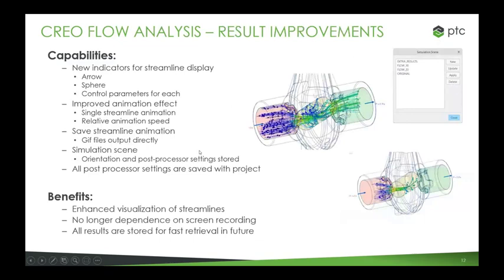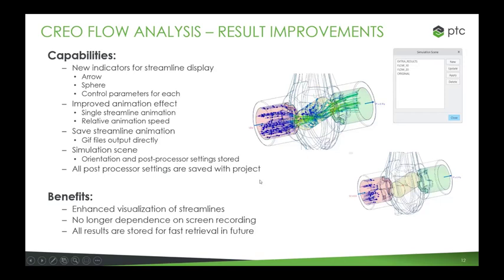And lastly, in Creo Flow Analysis, we have a few more options when it comes to the streamlines. So we have a single streamline. We have a relative animation speed. We have arrows or spheres inside there. You can see this one's got arrows. I'll show that to you. We also have an export to a GIF, and we also have simulation scenes now too.